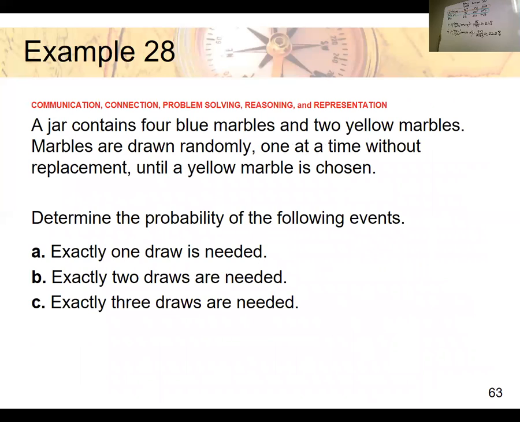Now let's look at example 28. A jar contains 4 blue marbles and 2 yellow marbles. Marbles are drawn randomly, one at a time, without replacement until a yellow marble is chosen.